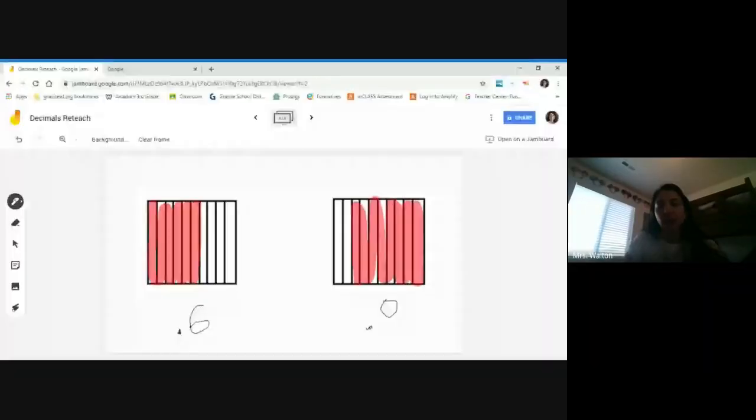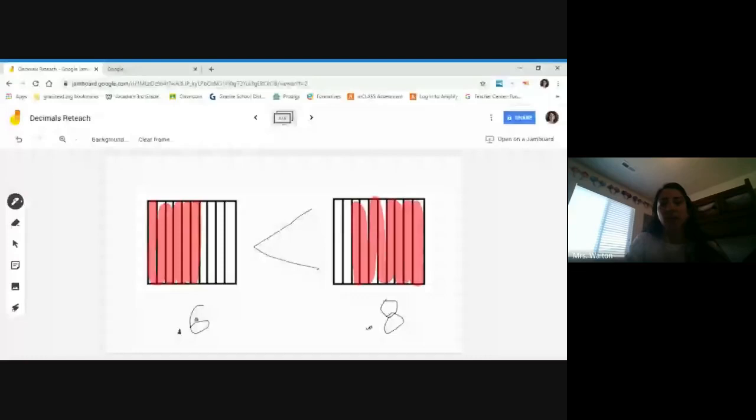So 6 or 8, which one's bigger? It would be 8. And we have 6/10 is less than 8/10. And in these, you just have to write the symbol, greater than, less than, or equal to. And we can say that 6 is less than 8 because it's in the exact same place value here.